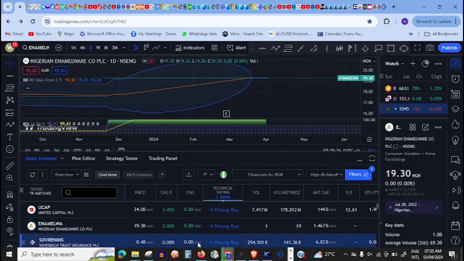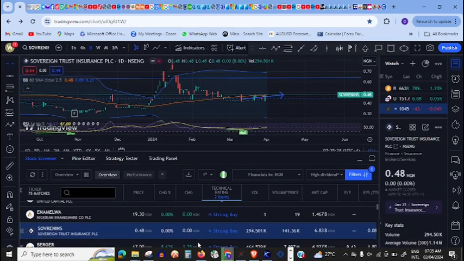There's nothing to look at there. Okay, this is Sovereign Insurance. For Sovereign Insurance, we can also have this kind of price action. The oscillator is already in support, so from here I expect that it can go to 67, 68 kobo.